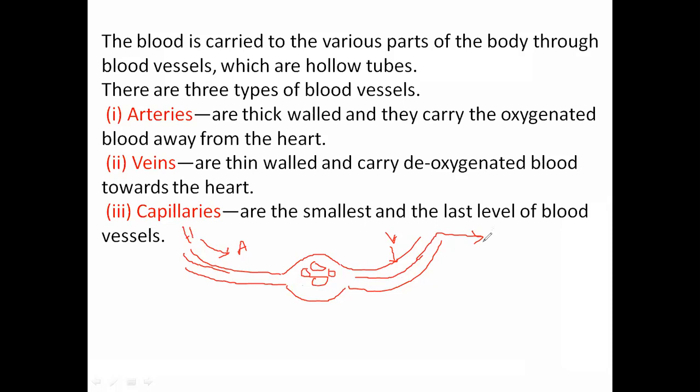Through the heart it is sent to the lungs, where it is purified into oxygenated blood. The oxygen-rich blood is collected again in the left atrium, and from the left atrium to the left ventricle, to different parts of the body. Like this, the circulation of the blood happens.